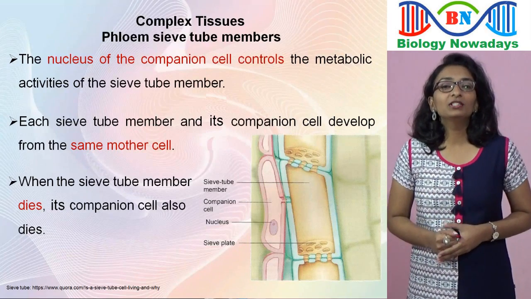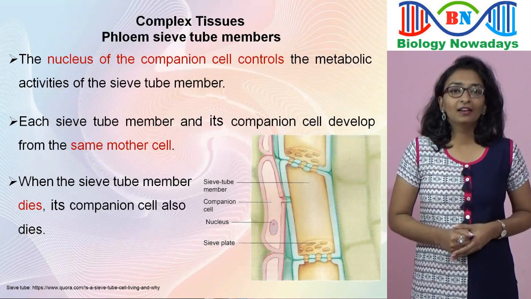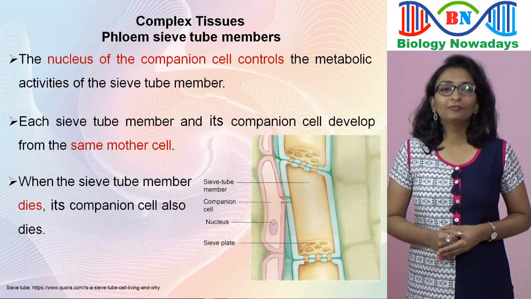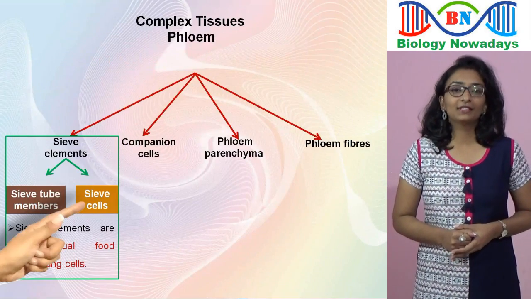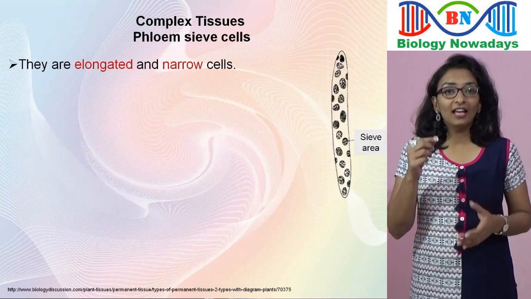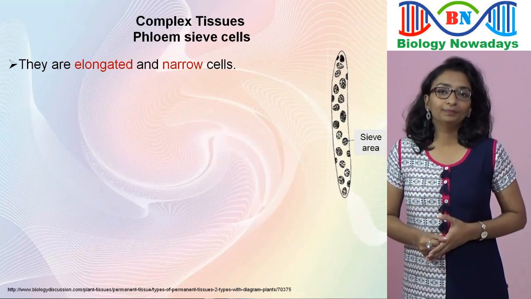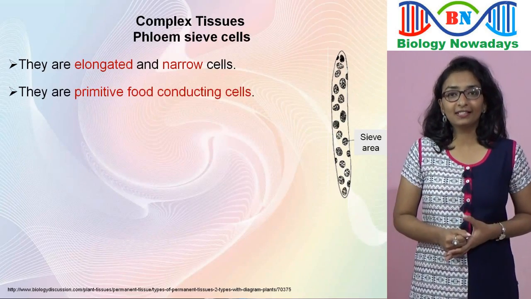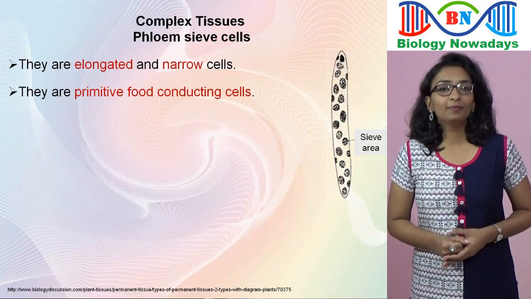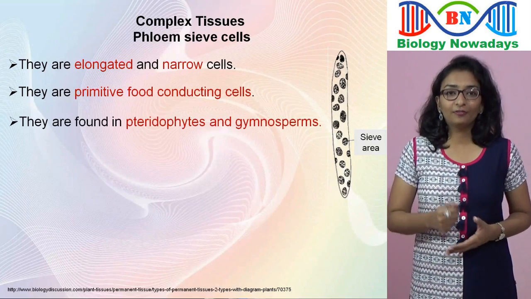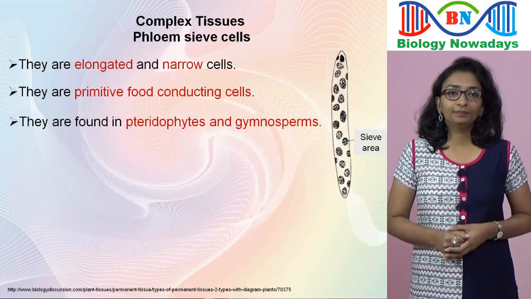Before we get into more details about the companion cells, let's discuss the second type of food conducting cells, the sieve cells. They are elongated and narrower than the sieve tube members. They are primitive food conducting cells and are seen in primitive plant groups such as pteridophytes and gymnosperms.